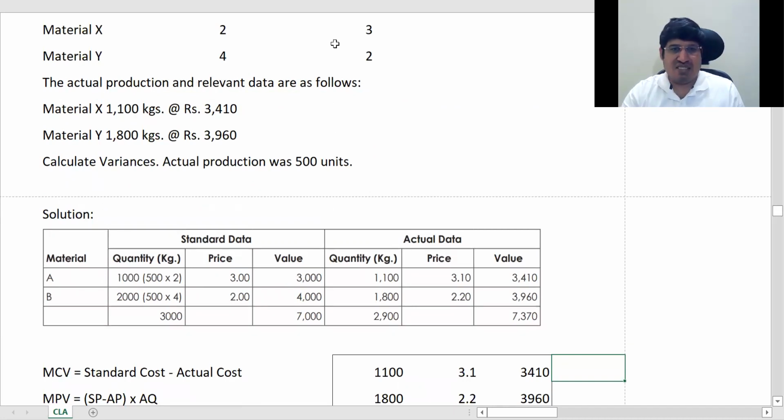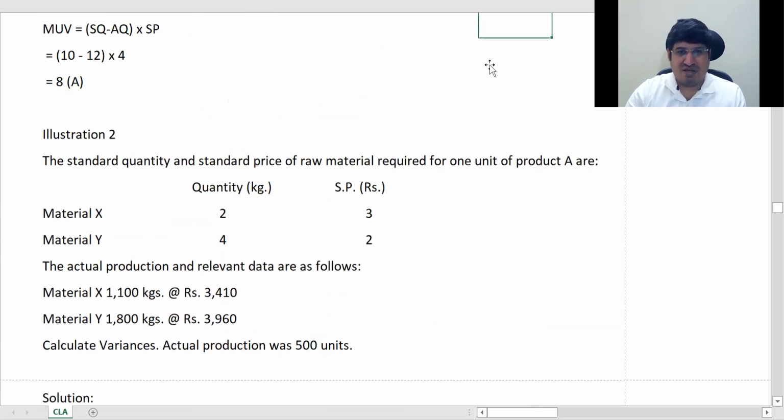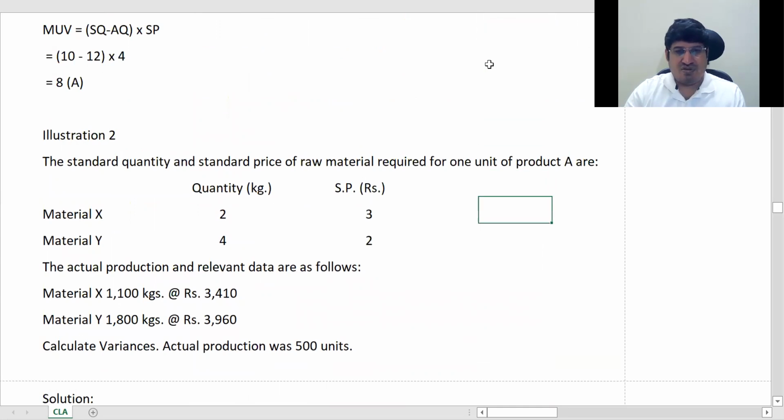First thing is, for getting standard, what you will do: this is 500 units, correct? 500 units is actual production. For getting 500 units, take material X. For 1 unit you need 2 kg.